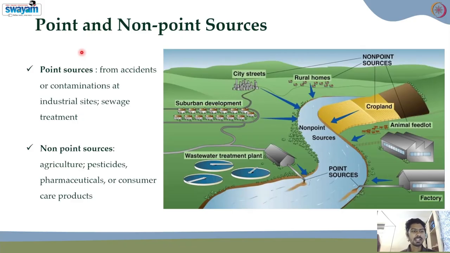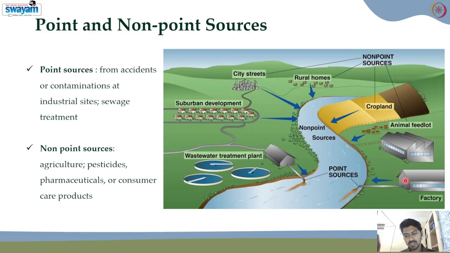The term itself tells us that with a point source, these contaminants make it easier to find the origin of pollution. You can directly pinpoint where the pollutant is coming from. For example, if you see the right-hand side of the diagram, a factory draining pipe is pouring waste into a nearby water body, that is, a nearby river.